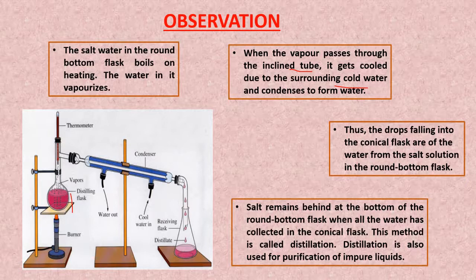When the salt water solution is heated, salt remains behind at the bottom of the round bottom flask, and all the water turns into water vapor, and then it again condenses in the inclined tube into water, and then the water droplets fall into this conical or receiving flask. So this is the method of distillation, and distillation is also used for purification of impure liquids.